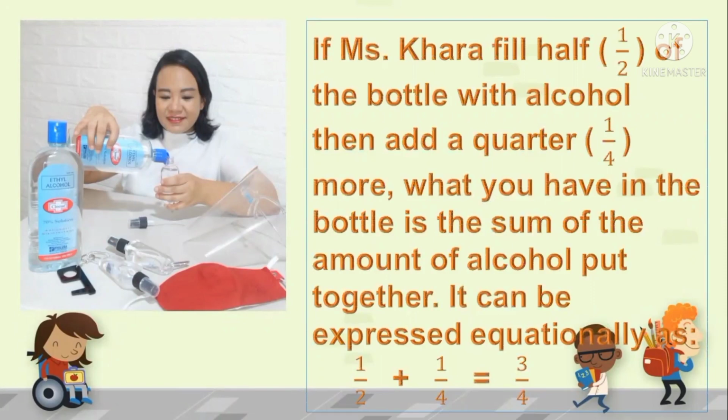If Miss Kara fills half of the bottle with alcohol, then adds a quarter more, what you have in the bottle is the sum of the amounts of alcohol put together. It can be expressed as an equation: 1/2 plus 1/4 equals 3/4.